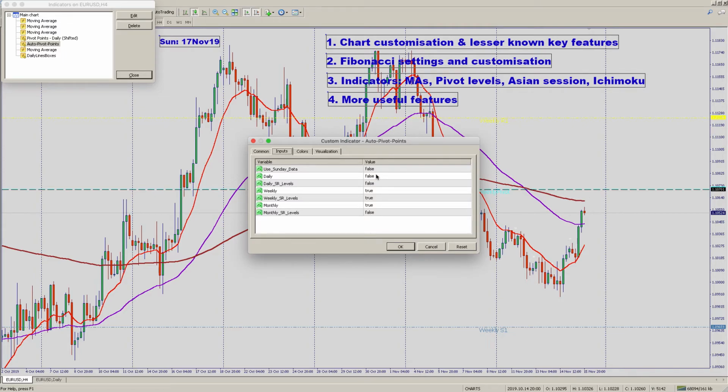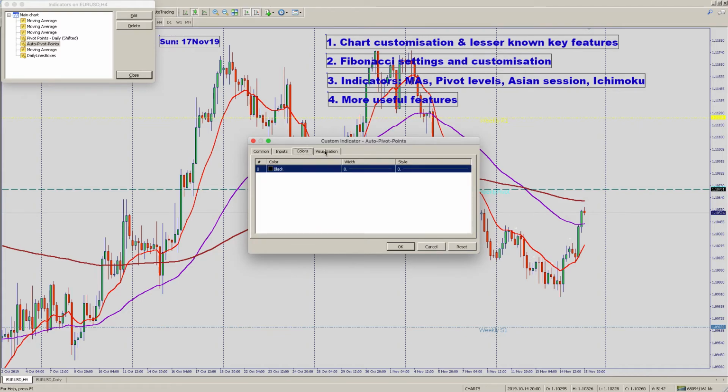We don't need Sunday data. We don't need the daily because we already have the daily pivots separately. And it's true for weekly and weekly support and resistance levels. Monthly pivot is there. You can add monthly support resistance levels as well, but for me I've just set it to not appear. Otherwise it'll be too busy with too many pivot lines.